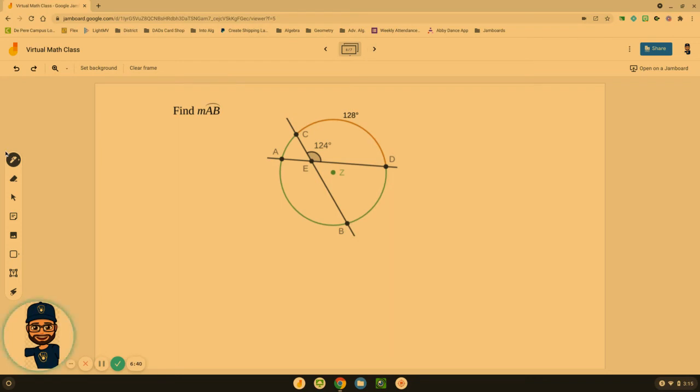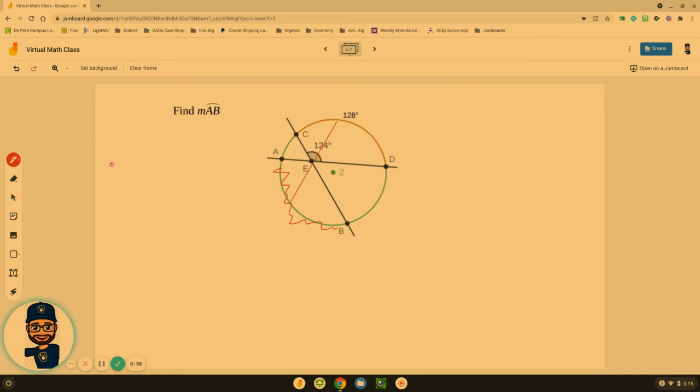All right, so AB, I'm going to just highlight that in red, is right here. And so what I'm going to do is draw a line to show these are the three things that we're working with. 128, plus the arc, and 124.